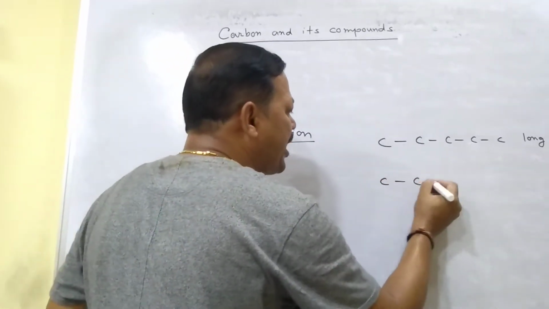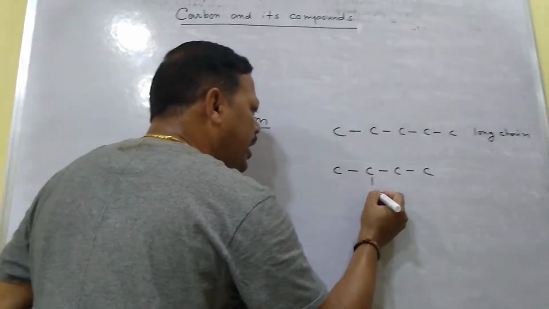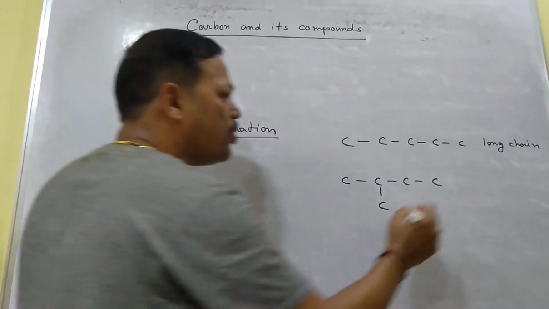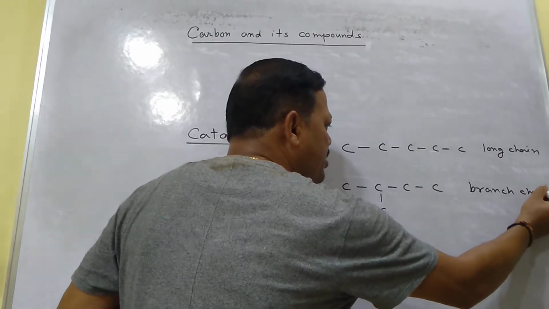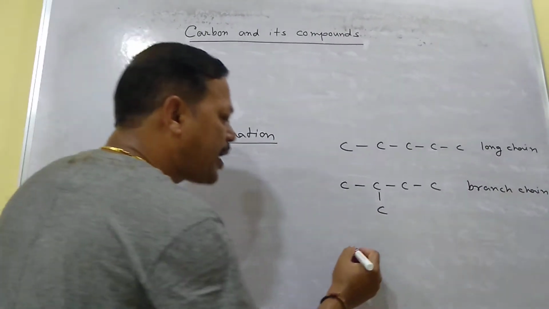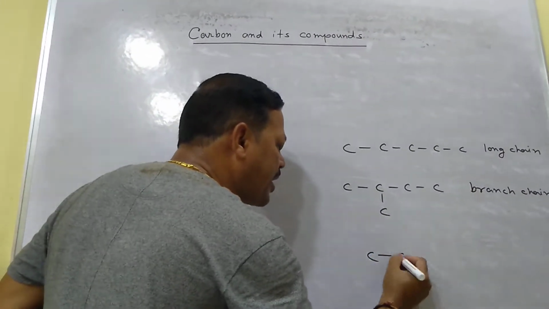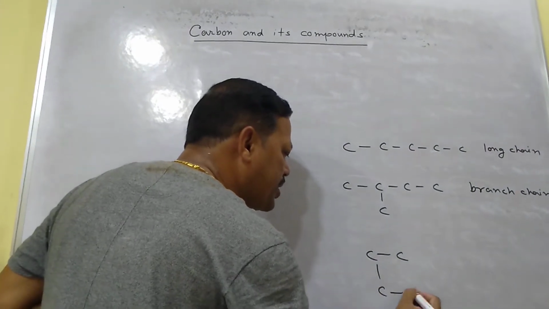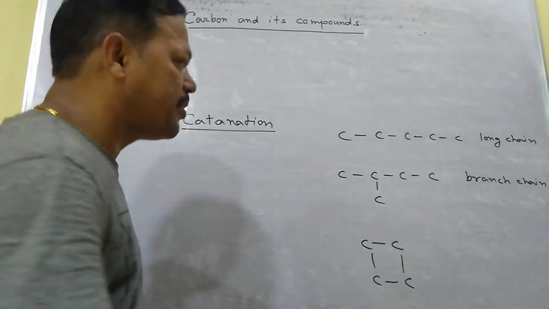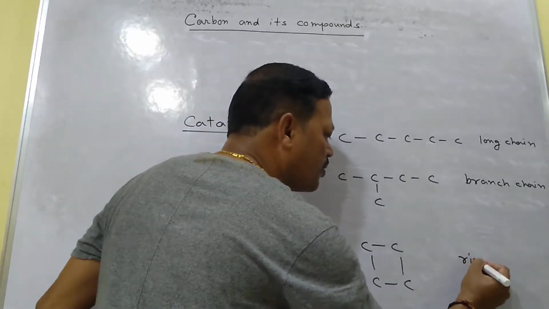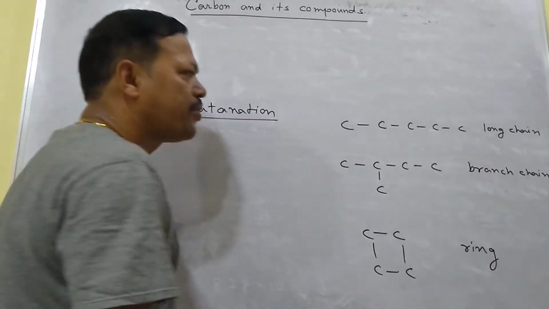Carbon combines with another carbon, they can form this type of chain also, which is called a branch chain, and carbon combines with another carbon, they can form this type of closed structure also, which is called a ring structure.